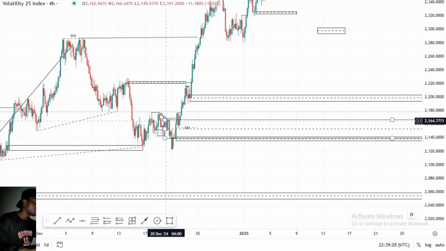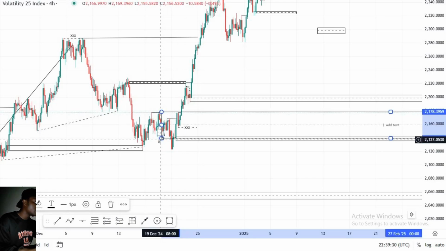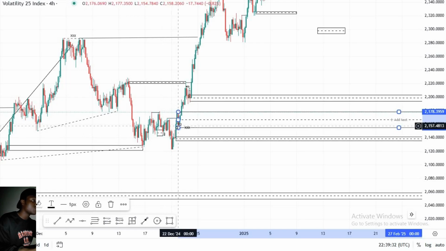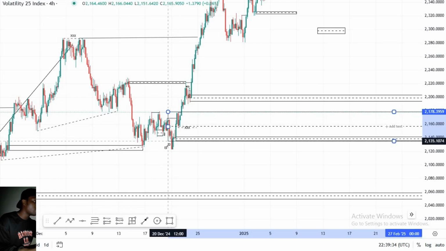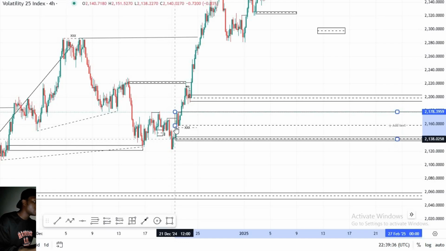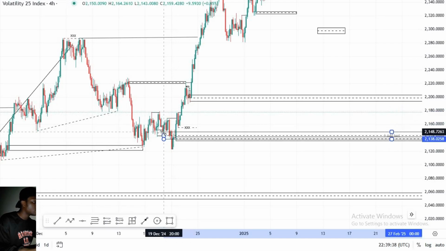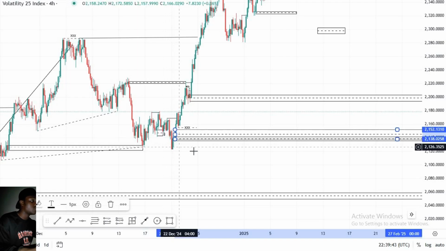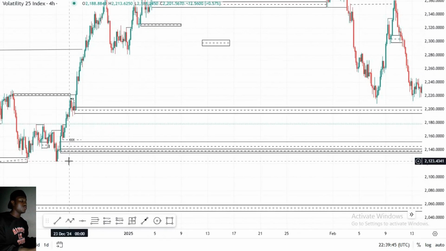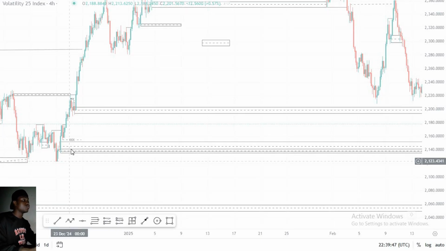We have this right here, which also correlates with the higher time frame, and we also have this red candle, this doji candle right here. So let me go to the 1 hour for you to see.